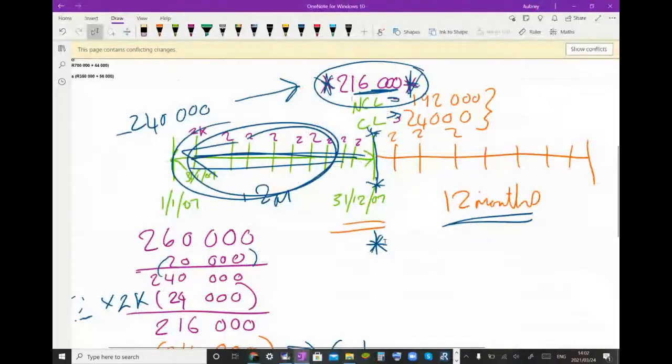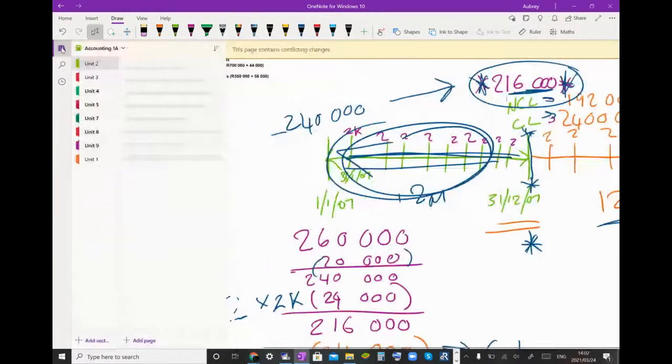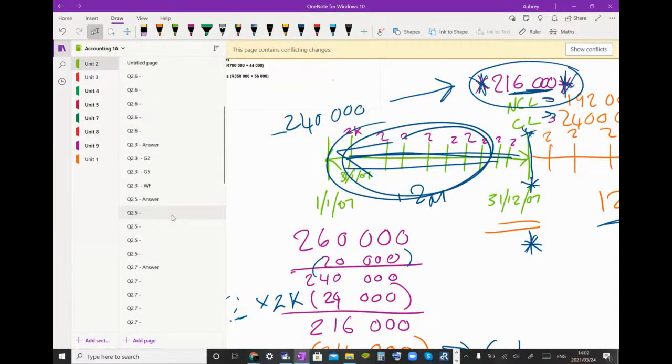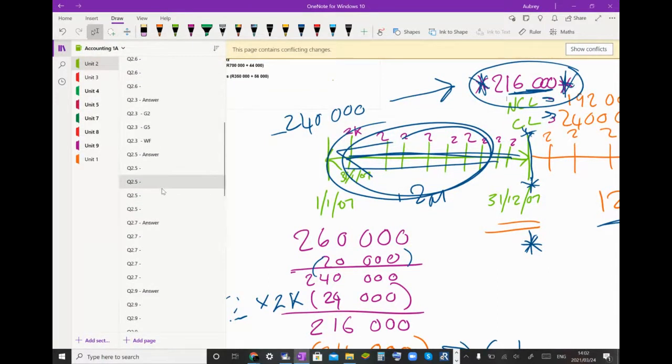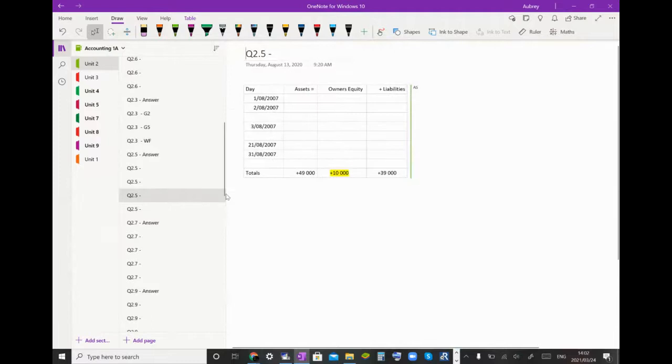Okay, cool. All right, so we have finished with that. Now I want us to begin to delve into 2.5. I've forgotten which one we clicked on. Yeah, it should be this one.